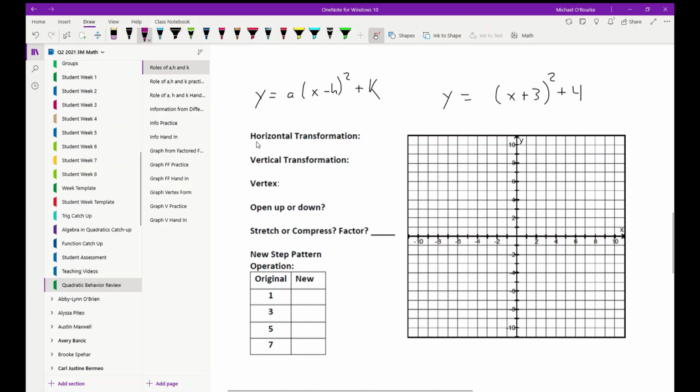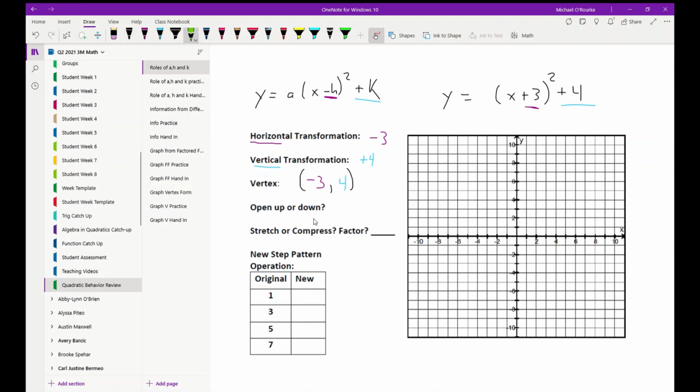If we start this over, horizontal is my h. Now it's the line of the opposite, so it's going to be -3, then my vertical is my k value, which is +4. So my vertex is now (-3, 4).